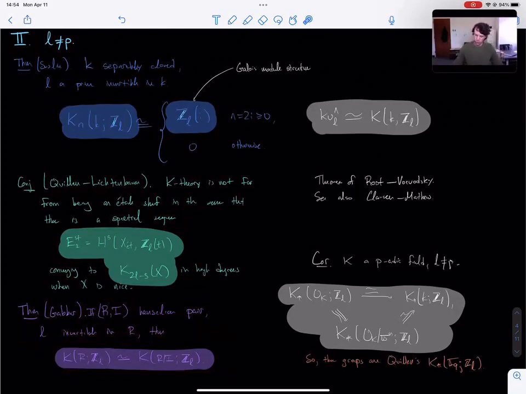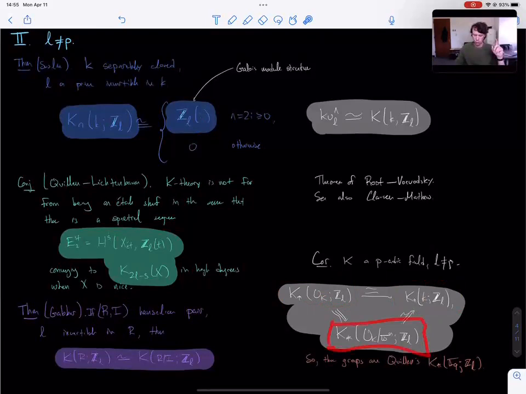And so if we look at what that means in the setting that we care about, where we have a p-adic field K, well, complete rings in particular give Henselian pairs. And so O_K is p-adically complete. The residue field is little k. And so you see that the L-adic K theory of O_K is the same as the L-adic K theory of the finite field k, which is computable by Quillen, as we'll see in a moment.